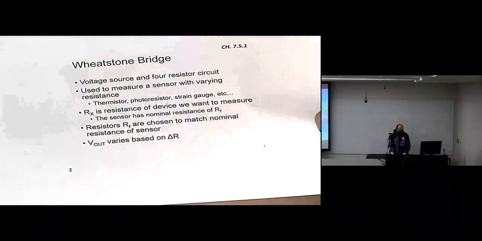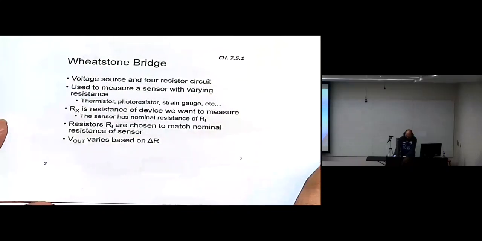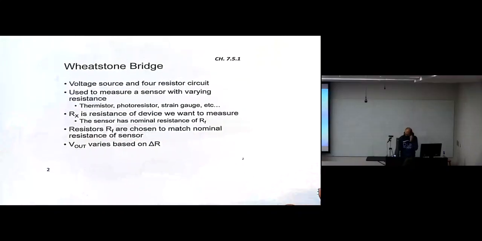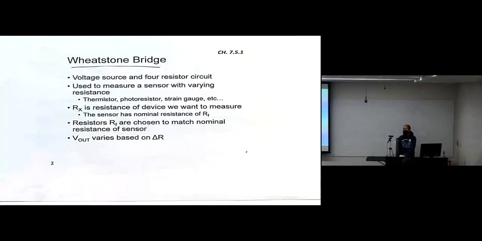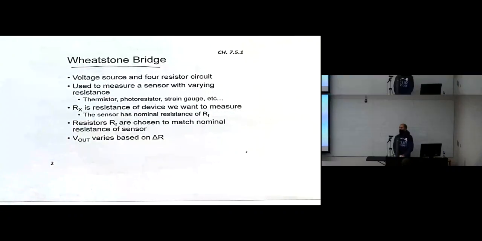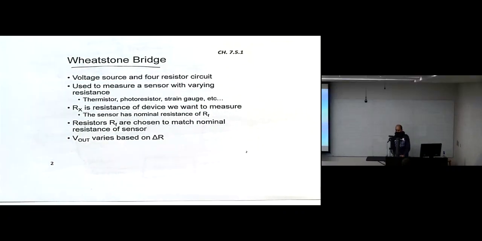Okay, now there is a concept called Wheatstone bridge. This circuit technique has been built to measure resistors. If I have an unknown or changing resistor, how can I measure this? Why do I need to use this?